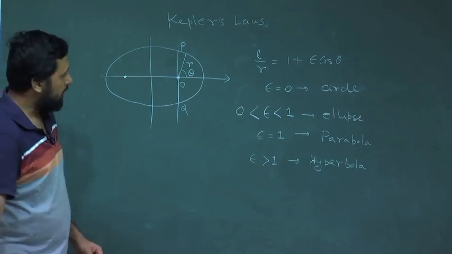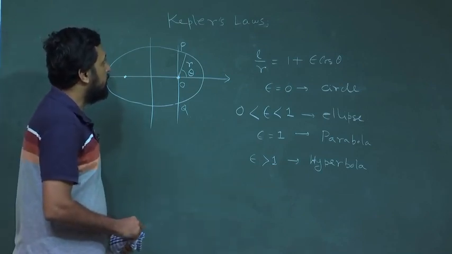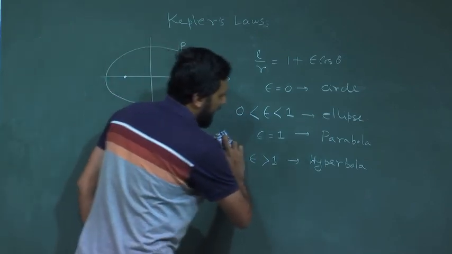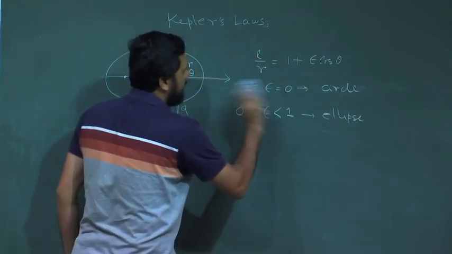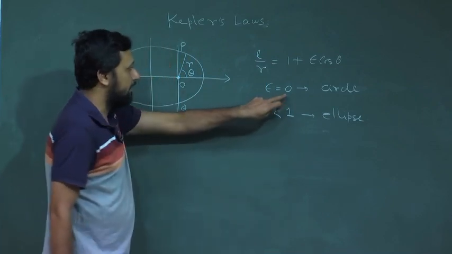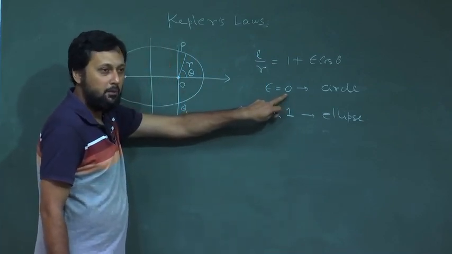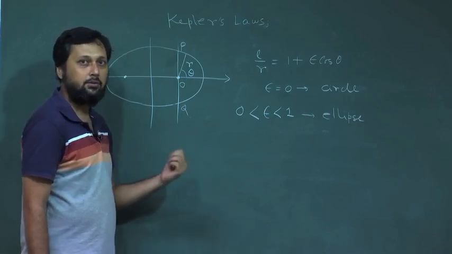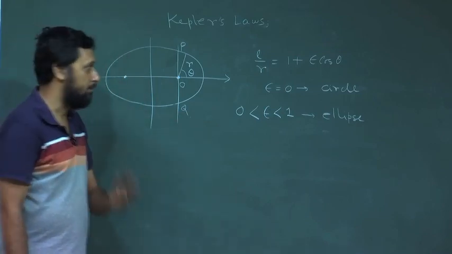Now, in order to prove Kepler's third law, we are more interested in the ellipse, because we are talking about a closed orbit, and we will see later that epsilon equal to 0 means a certain value of energy which will give you a circular orbit. That will come later.